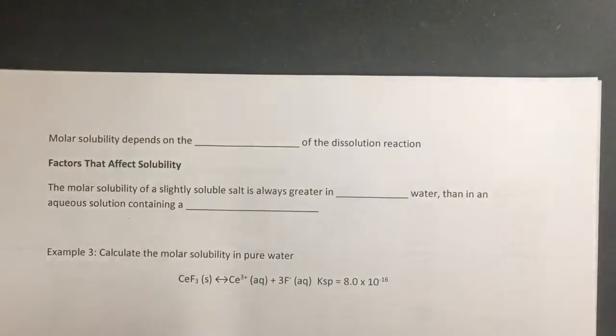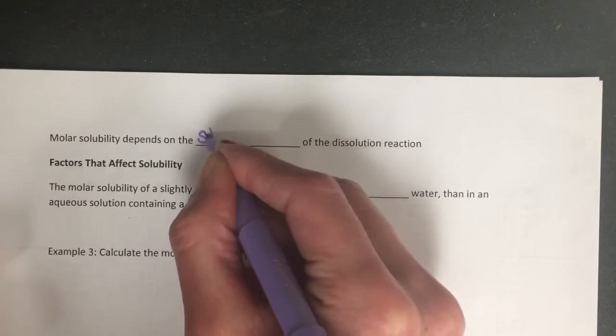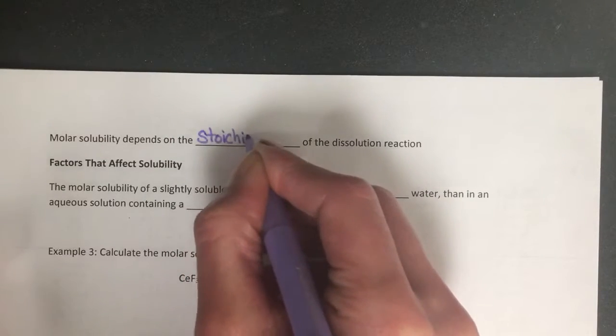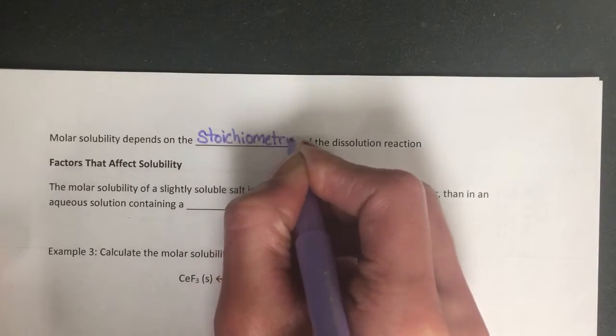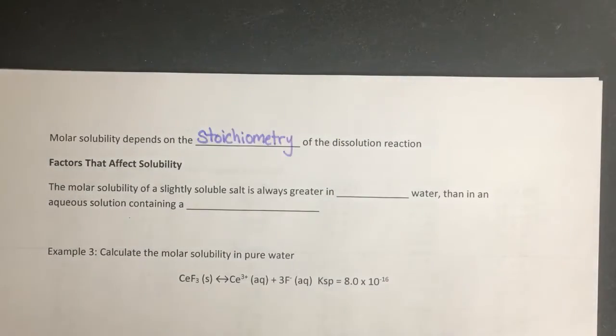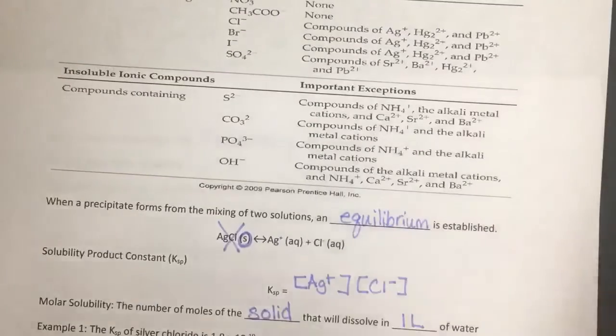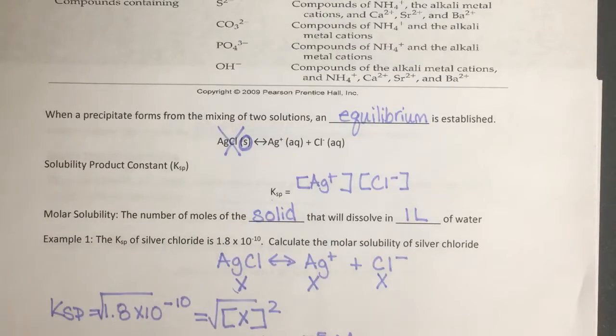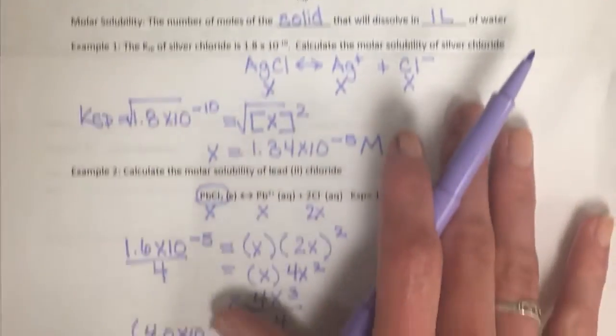Now, if you notice, it's really important that I know the stoichiometry of the reaction. Okay, in the examples I just did, this was a 1-to-1 ratio, and my math was very simple.